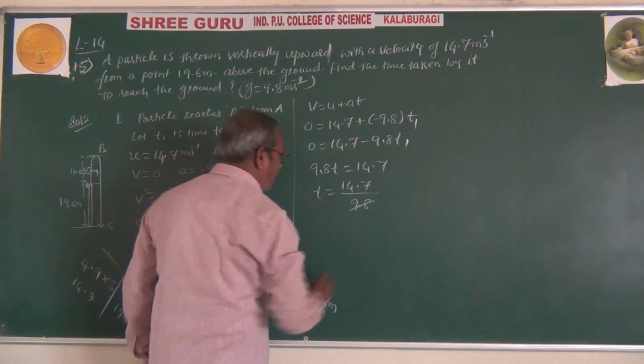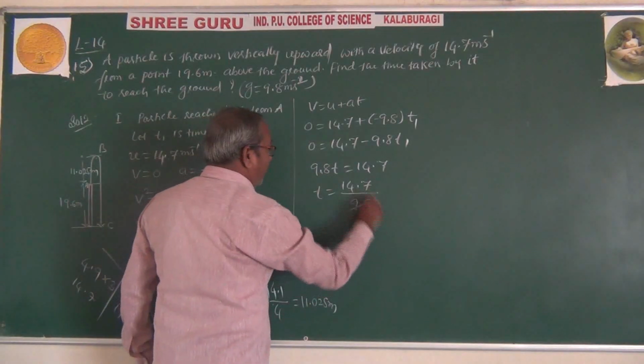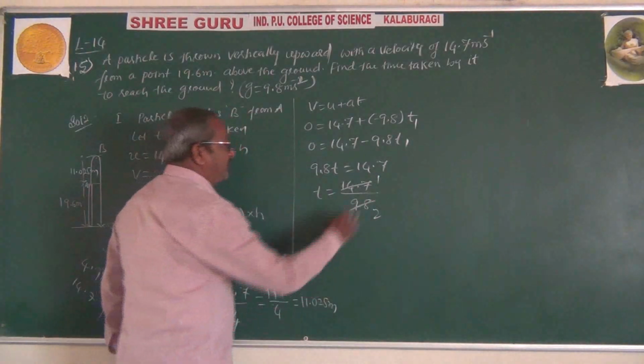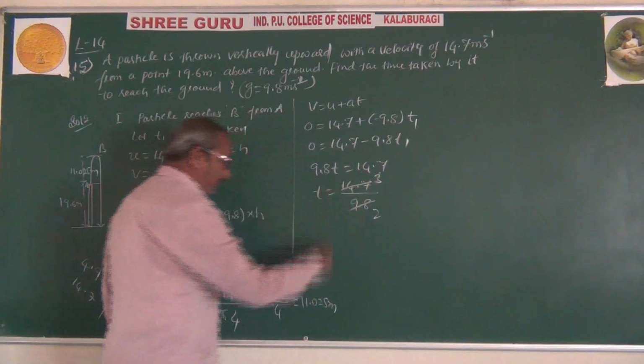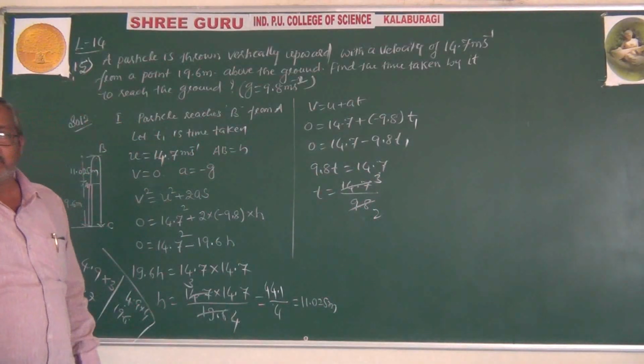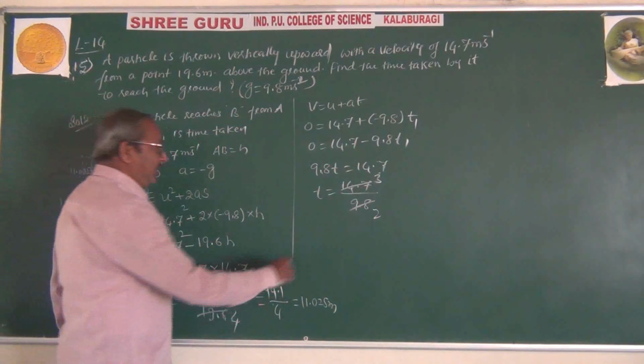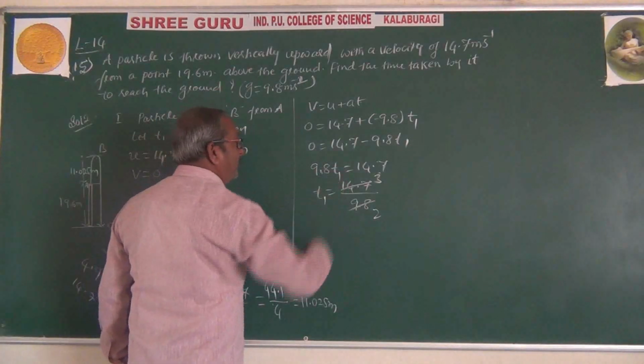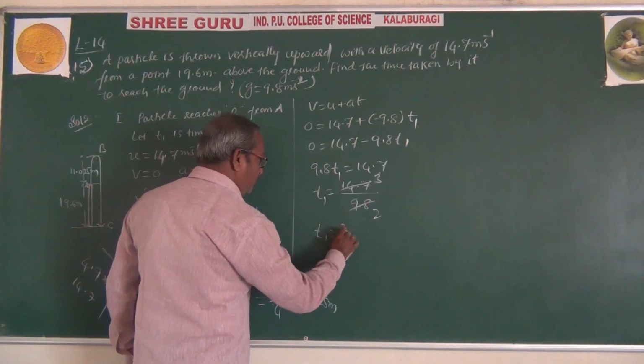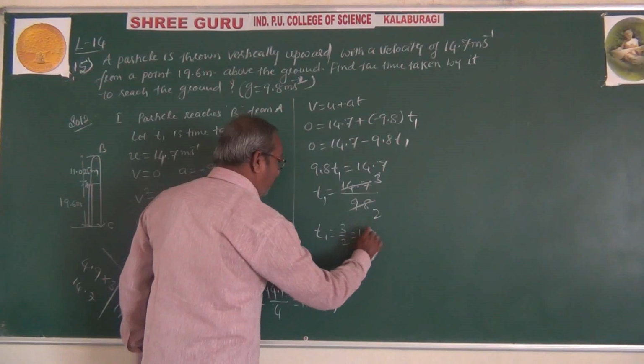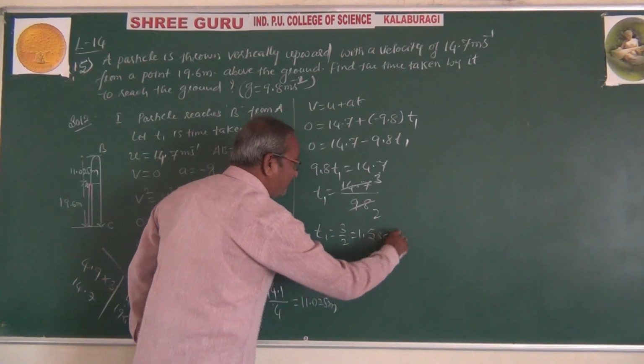Dividing, T1 equals 3/2 seconds, that is 1.5 seconds.